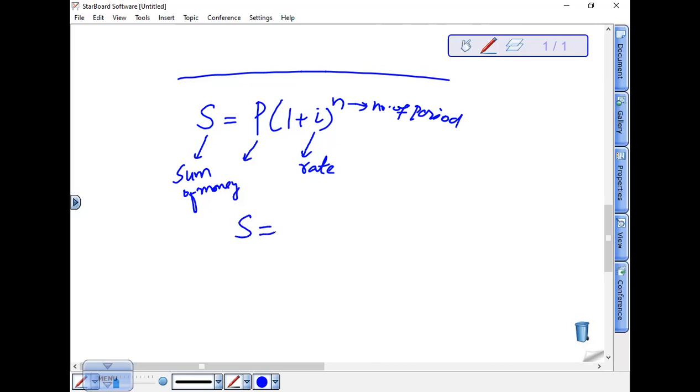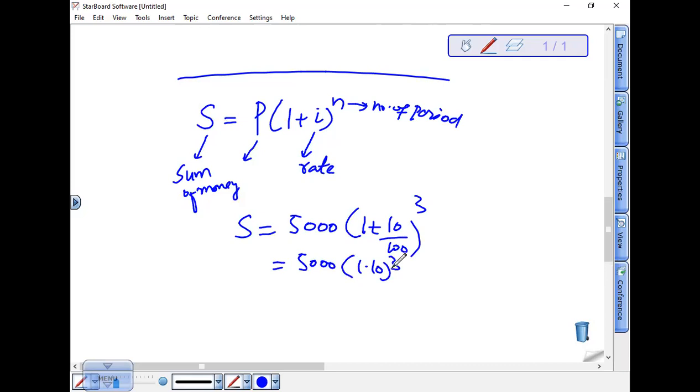So sum is equal to 5,000 was invested, into (1 plus i), where i is 10%, 10 over 100, raised to the power 3. So 5,000 into 1.10 raised to the power 3.